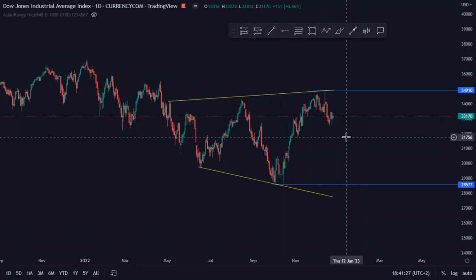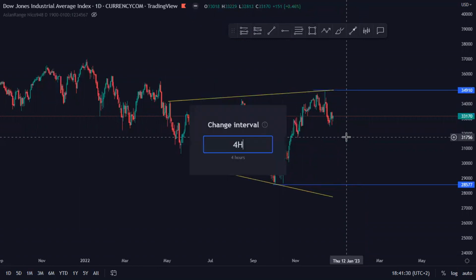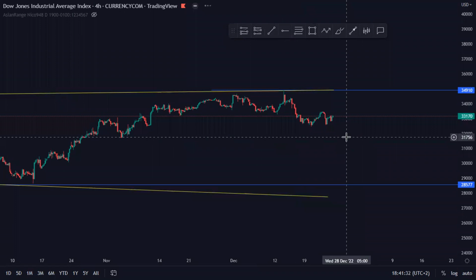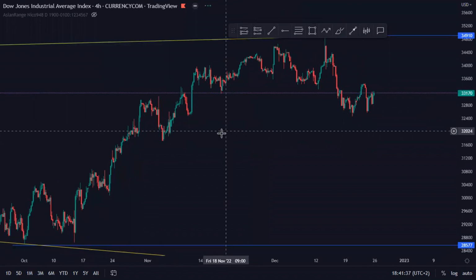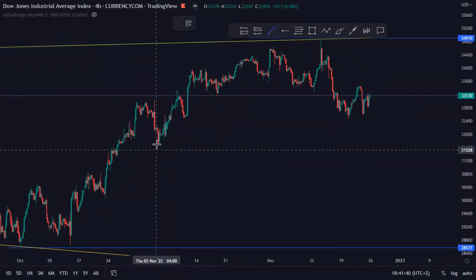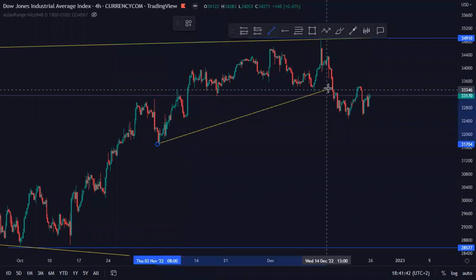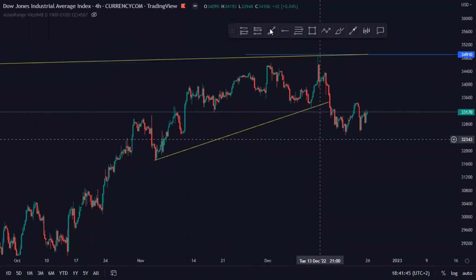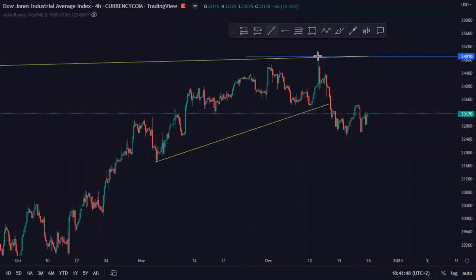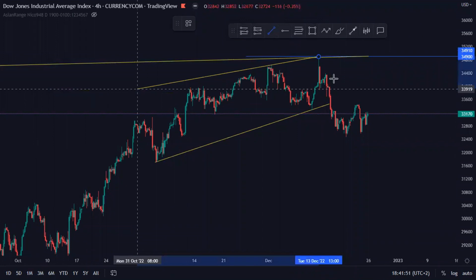Okay, so let's dive into our 4 hours to see price more clearly. As usual, we'll be diving to lower time frames. So this is it. First touch there, second touch, third touch, broke out. Then again we have this there, and we are fine.